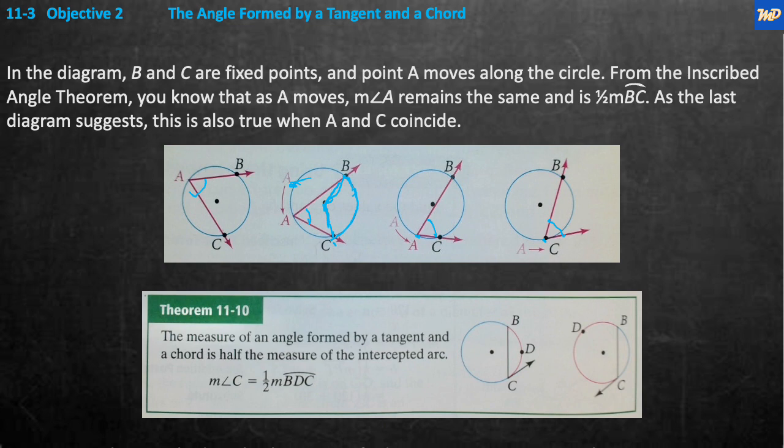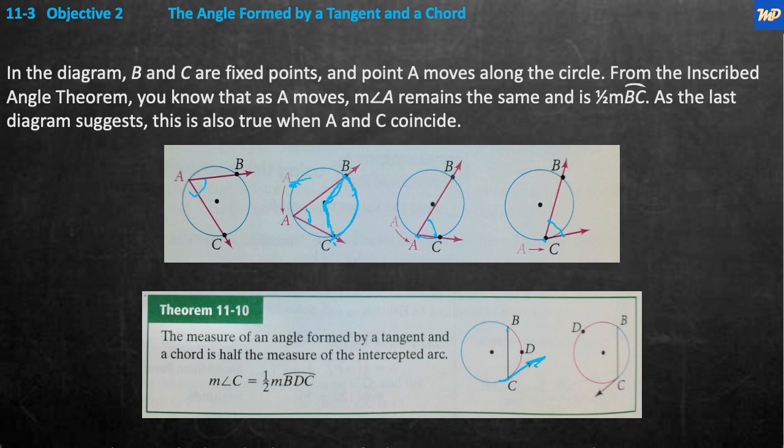Okay? So theorem 11.10 says the measure of an angle formed by a tangent and a chord. Here's our tangent right here, the ray C, is half the measure of the intercepted arc. Well, that's what we've been talking about all along.